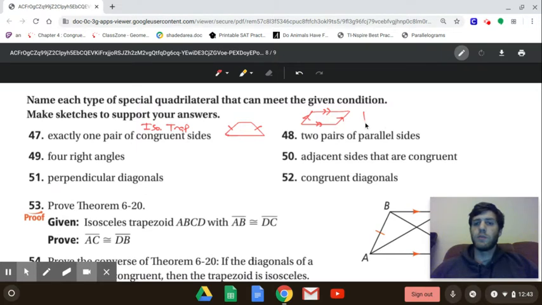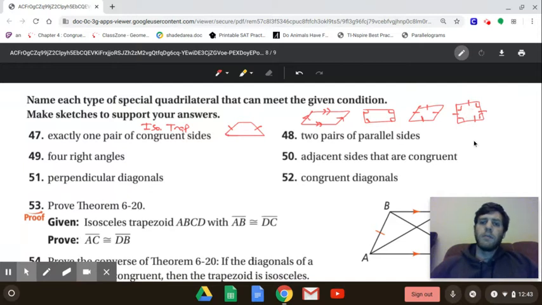So we can do a rectangle. A rhombus. Right, four congruent sides. And then we can also do a square. So a square has four right angles and four congruent sides.